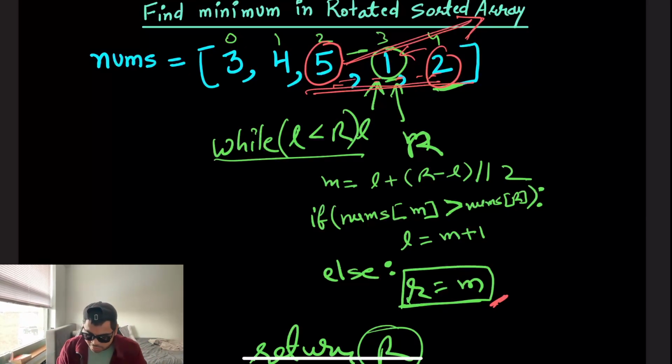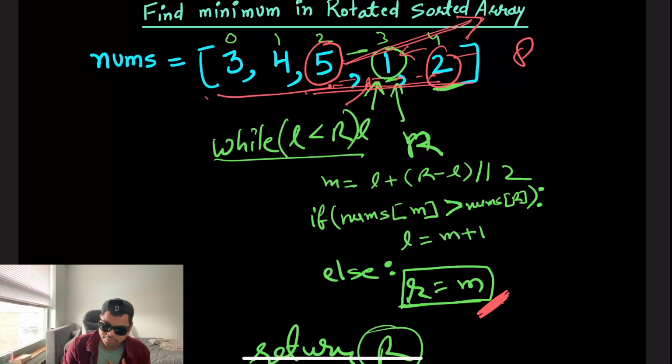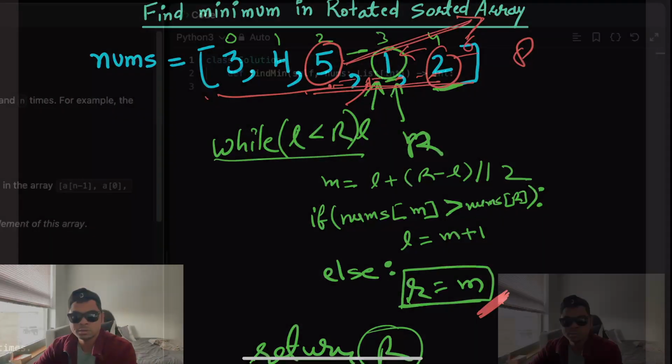So that's why we are moving L to m plus 1, and R to m. If this was greater, let's say it was 8, the values must be 6 or something like that. Okay, so let's write it down. It will be an easy implementation.